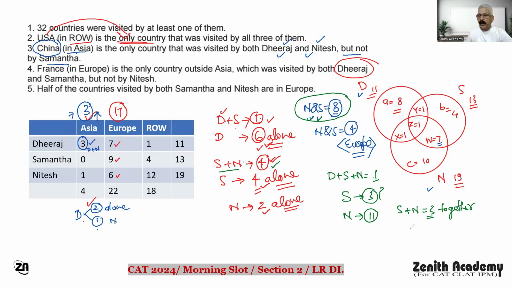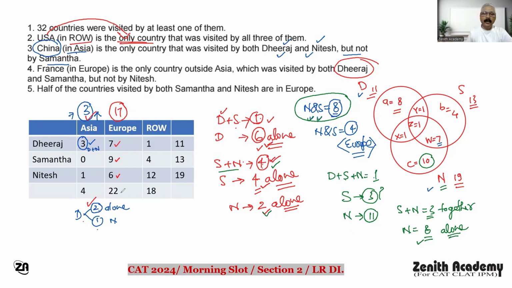And the remaining 8 countries, Nitesh went alone. Correct. So the total number of countries visited by Nitesh alone is 10. So 8 here alone, 2 here, and is it okay? So 8 plus 2, 10. Everything is fine. 8 is equal to 8.